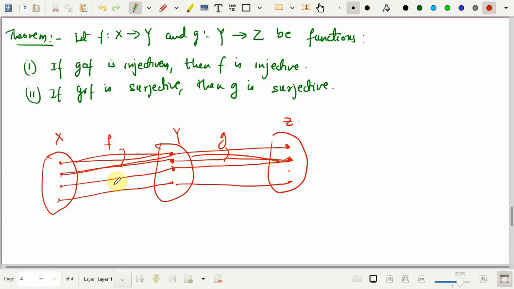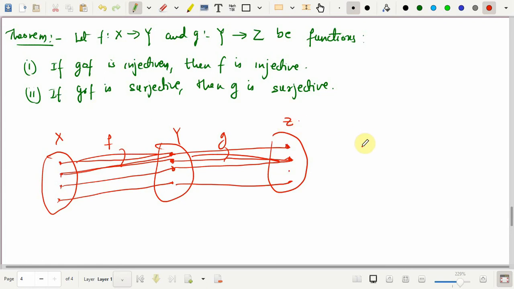So I've just shown you that if F is not injective, then G composite F is not injective, the contrapositive of that. So I've just shown you why the injectivity of F is necessary for the composition of two functions to be injective.